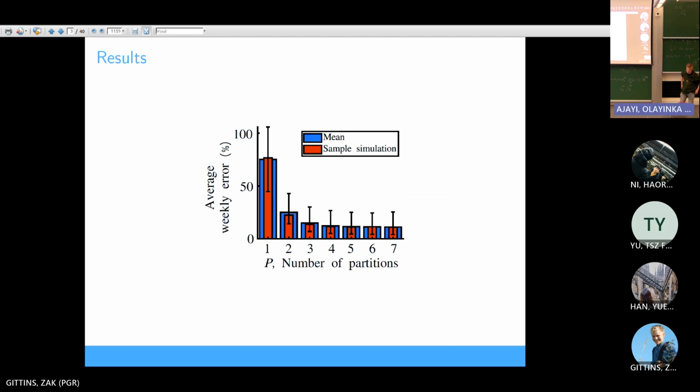And results, so this is repeating this over 100 simulations or something, and then varying p. You can see there's a pretty big drop just from changing p equals 1 to p equals 2, and then it flatlines, and you can't really get below a certain error.